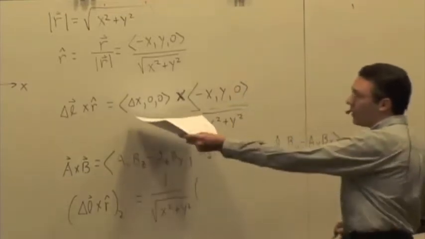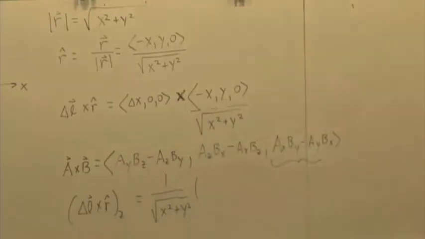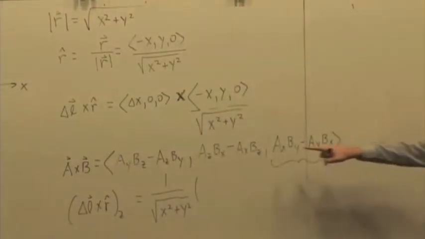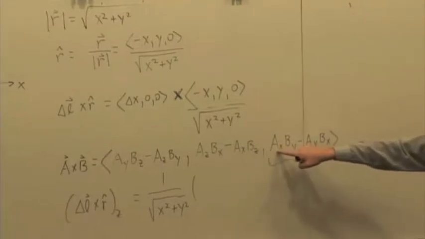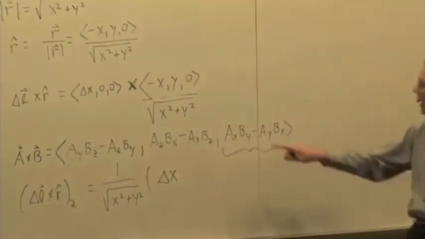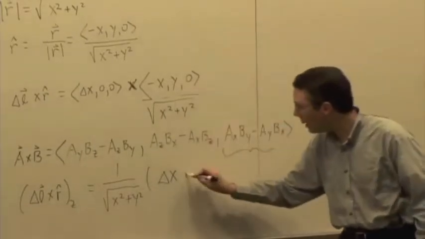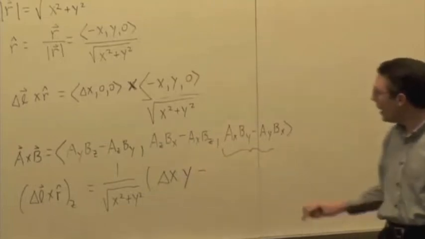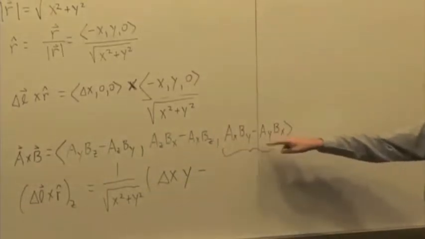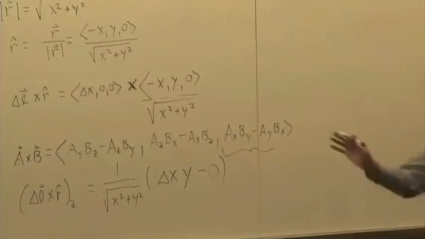And I'm taking the cross product of delta x, 0, 0 with negative x, y, 0. So I have the x component of the first vector, so that's going to be delta x. I have the y component of the second vector, which is y, minus the y component of the first vector, which is 0, and I'm done. Okay, so that's the z component of that cross product.